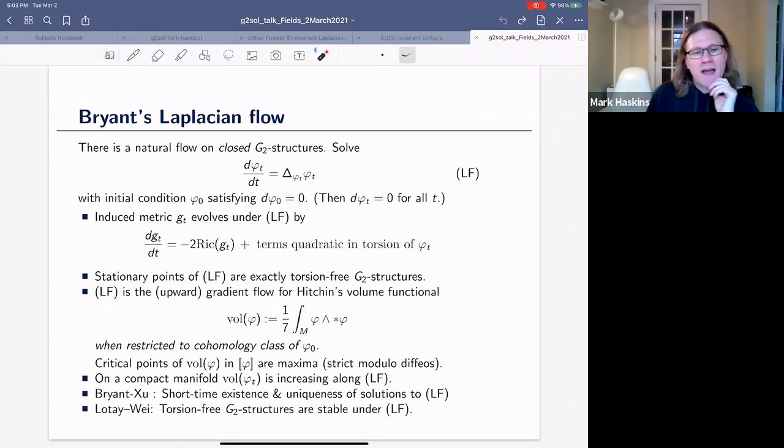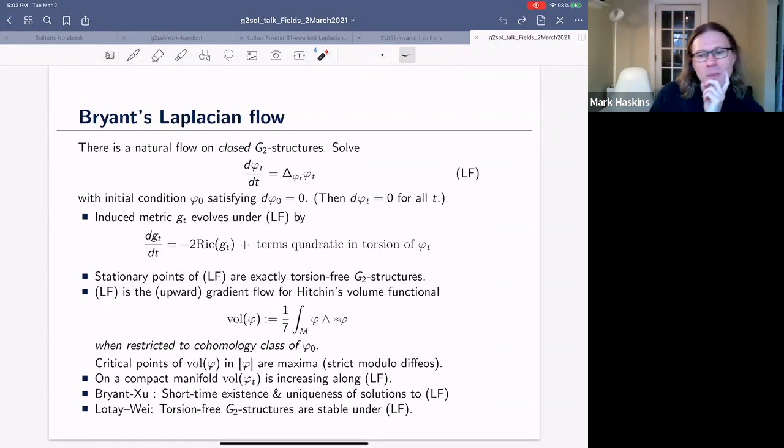A number of things have been done since. I mean, in no way does the state of development of Laplacian flow at all resemble the state of development of mean curvature flow or Ricci flow or Yamabe flow.